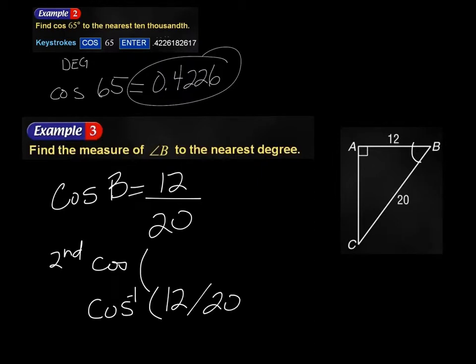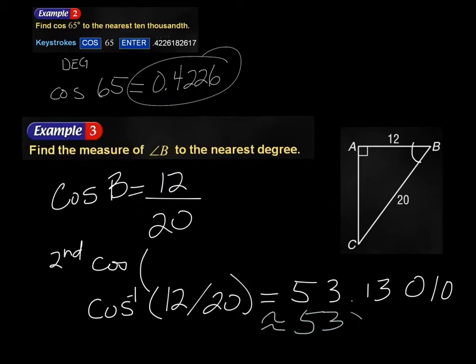So 12 divided by 20, and it's nice to close parentheses, and it spits out 53 and some change. And they said to the nearest degree, so that's going to be closest to 53.